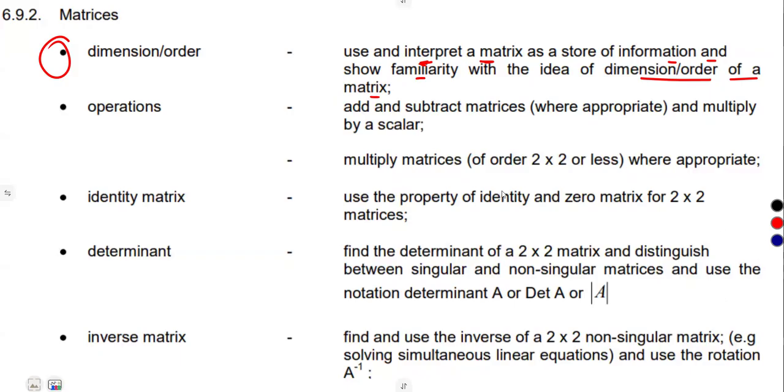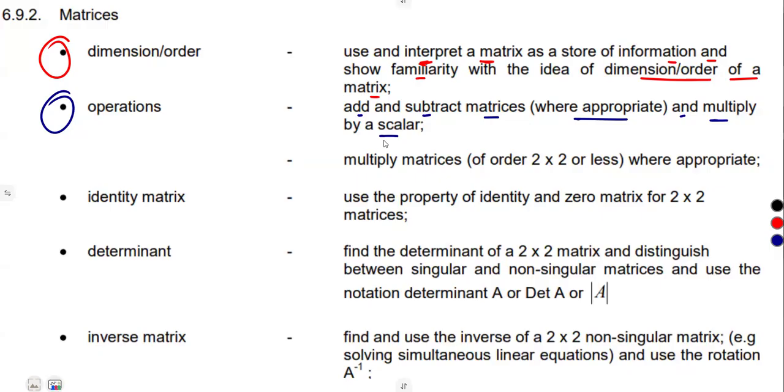But for other classes after this, we will work on the operations, where you're going to work with addition and subtraction. You must add and subtract matrices where appropriate, meaning to say there are conditions where we cannot add or subtract matrices. It is considered from the dimension or the order of a matrix that is going to help us to perform that addition and subtraction, as well as to multiply by a scalar.